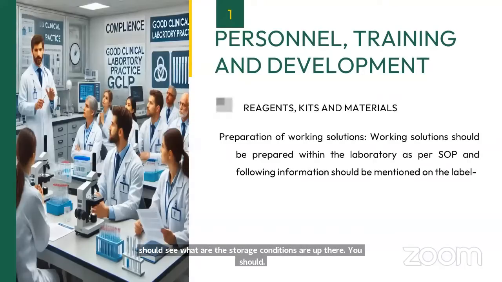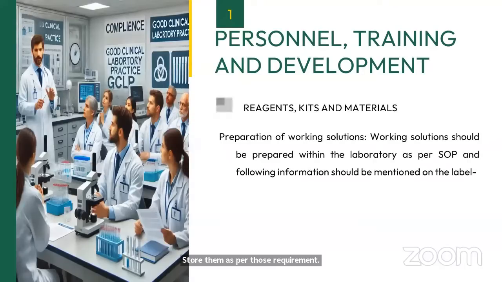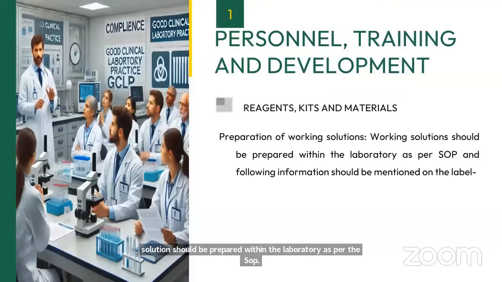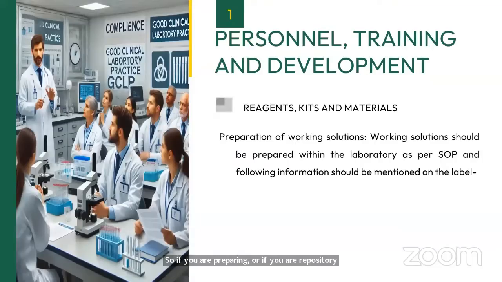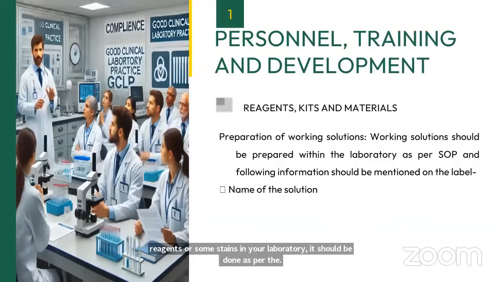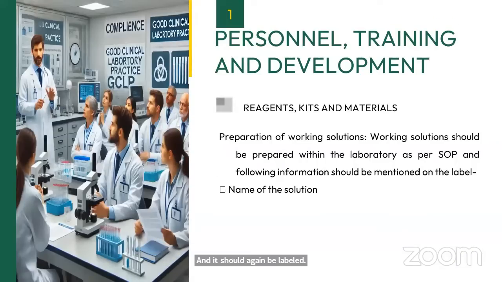Then preparation of the working solution. Many times some reagents or chemicals we prepare in our laboratory. So the working solution should be prepared within the laboratory as per the SOP. If you are preparing or reconstituting some reagents or stains in your laboratory, it should be done as per the SOPs, and it should again be labeled. What should the labels for the working solution include?